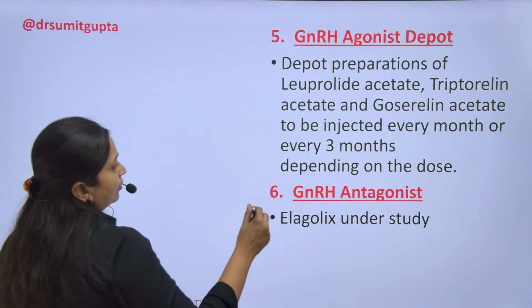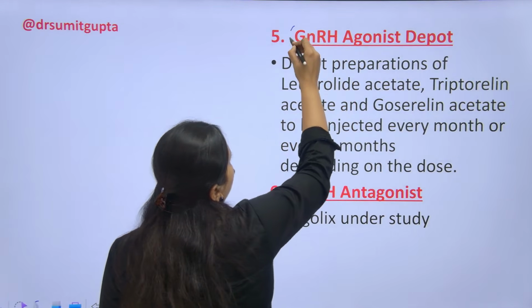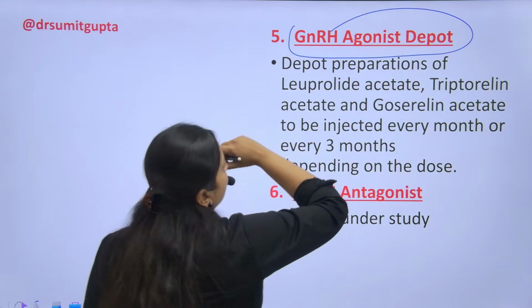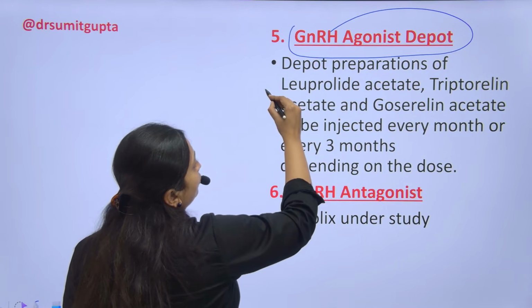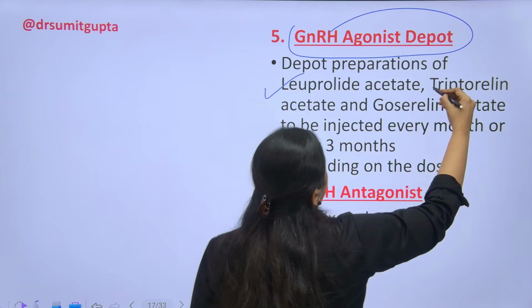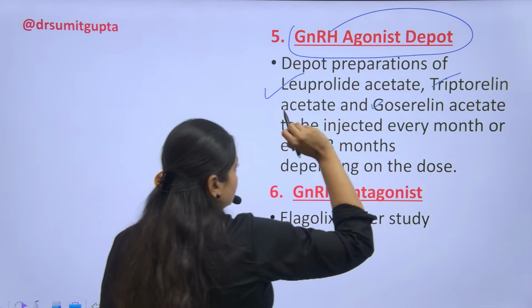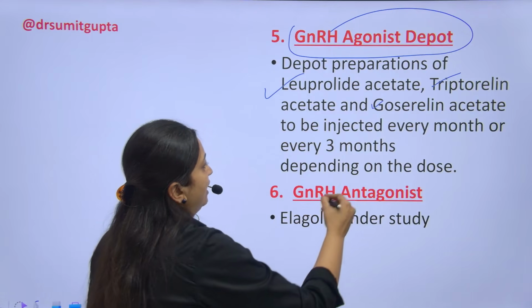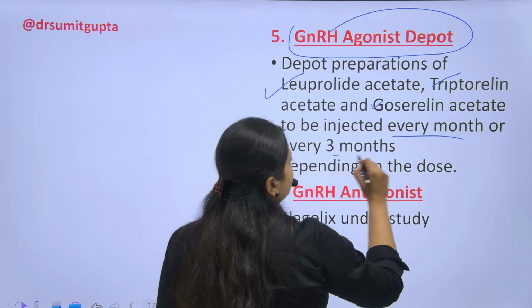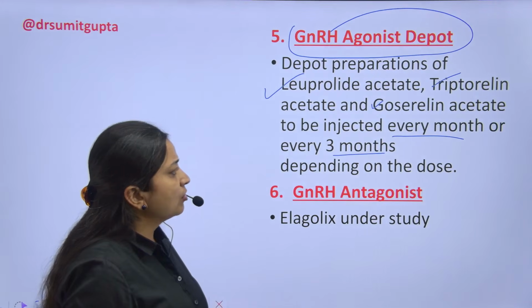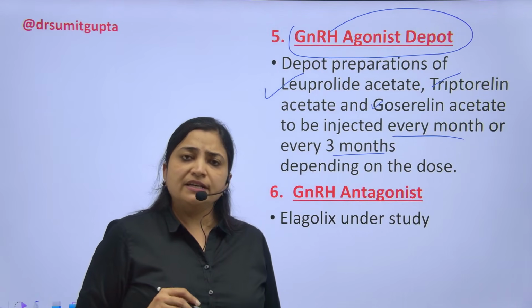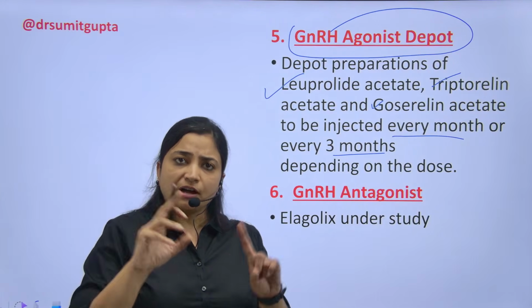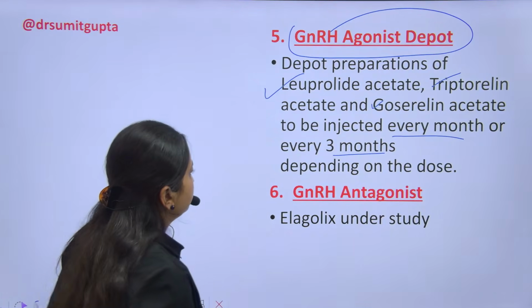And now we are talking about GnRH agonist depot preparations which are available in the market, like leuprolide acetate, triptorelin, goserelin. These are injected every month or every 3 months, but they have their own pros and cons that we know very well, and we will be discussing it later in the class of pharmacology of gynecology.